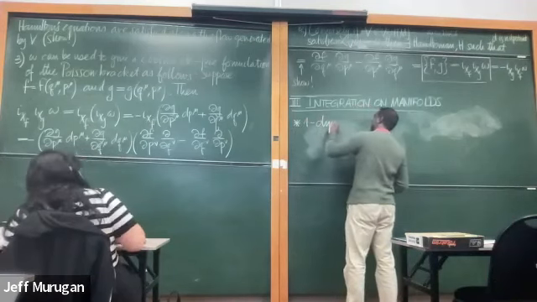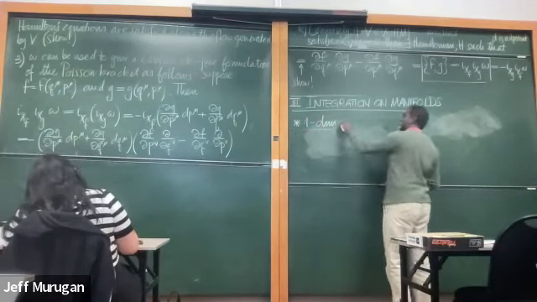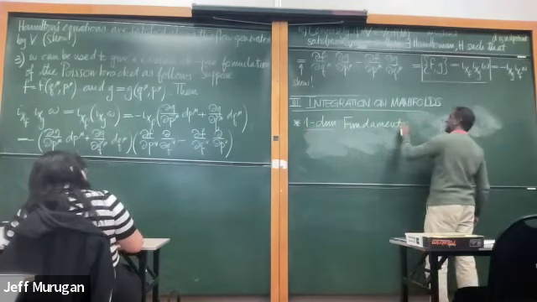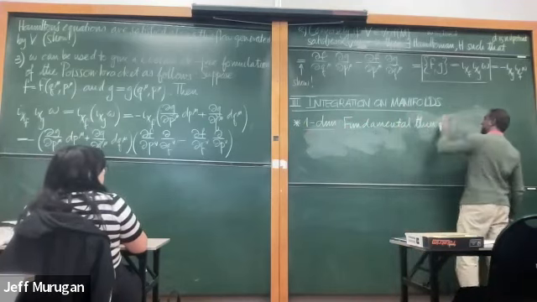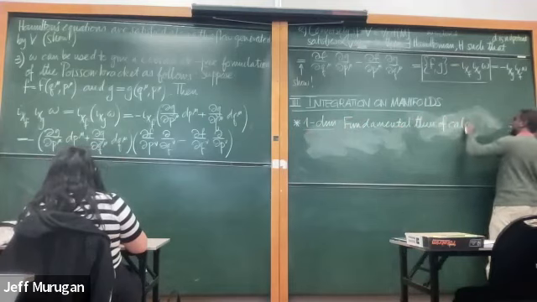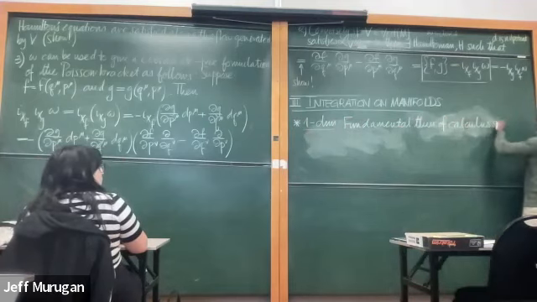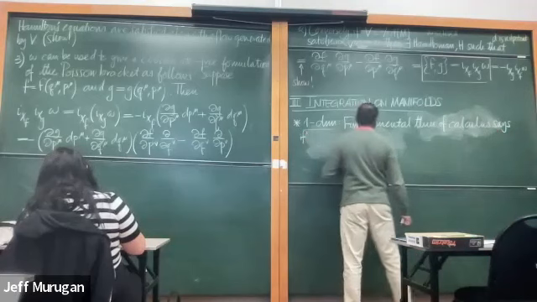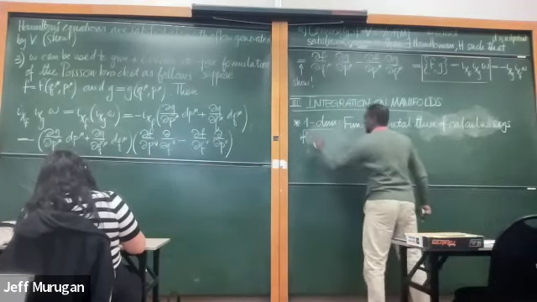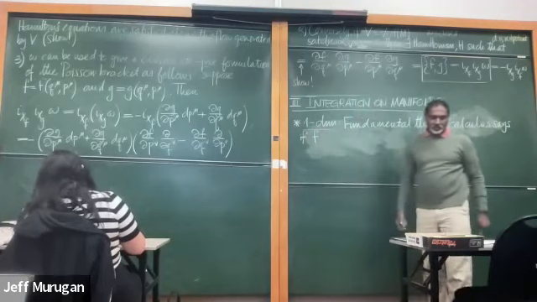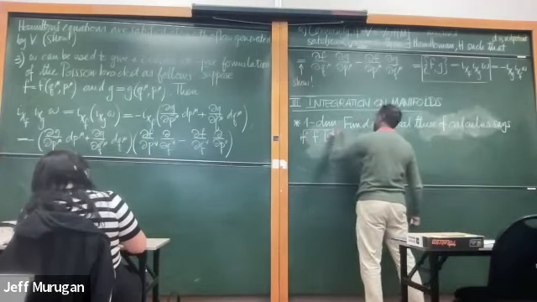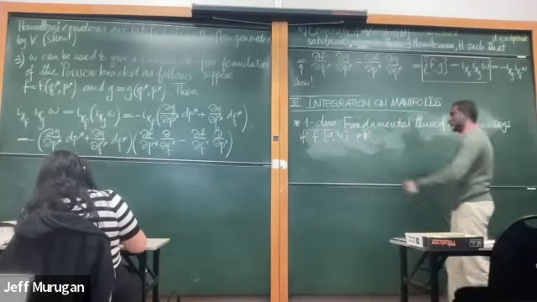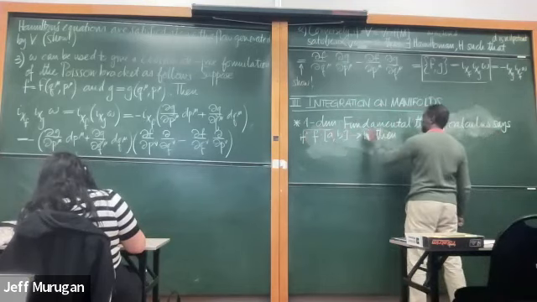I want to be clear about what we're doing. One dimension. Fundamental theorem of calculus says the following. If we have a function f that takes me from some interval a, b to R, then the following is true.